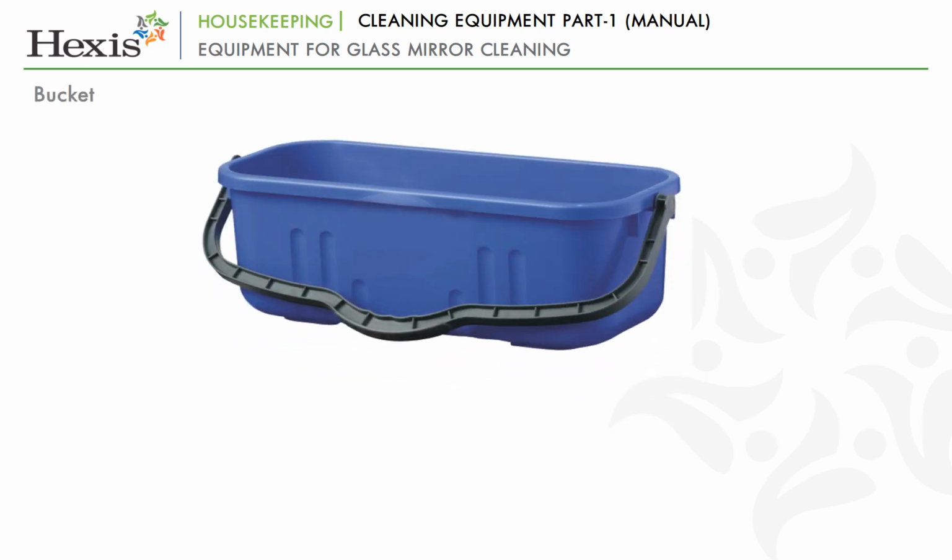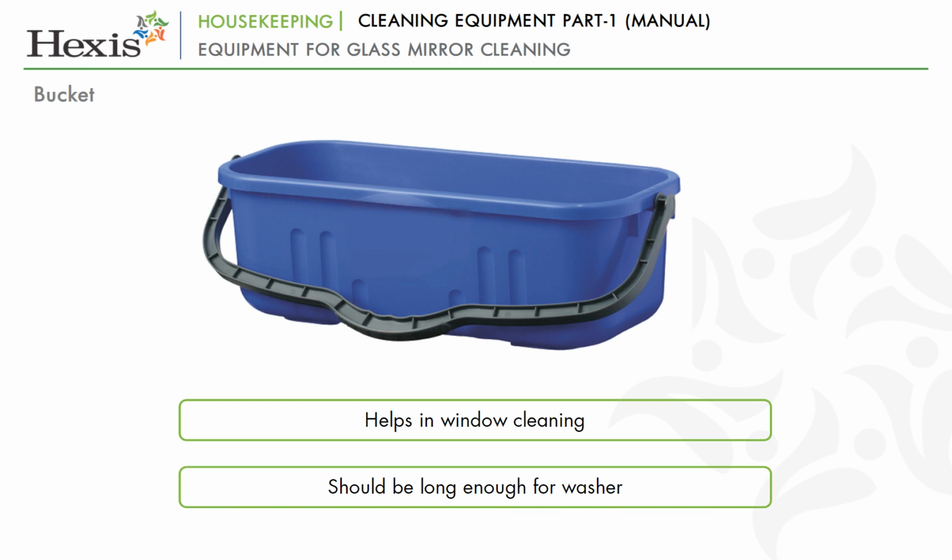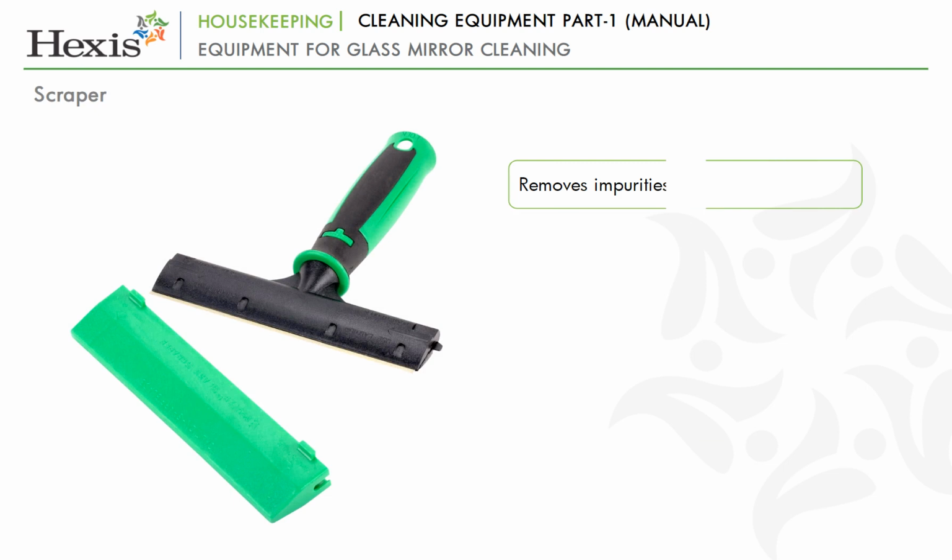It might sound a little obvious, but you need a bucket for your window cleaning solution. You also need to make sure you've bought a bucket that is long enough for your washer. Scraper is used to remove any impurities that are caked on the window, such as mud or bird droppings. The scraper has a very sharp razor blade that is run along the window and mows through that which needs to be removed.